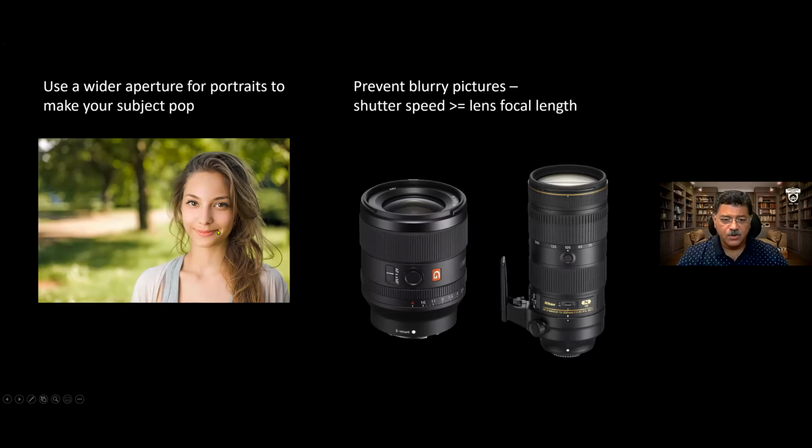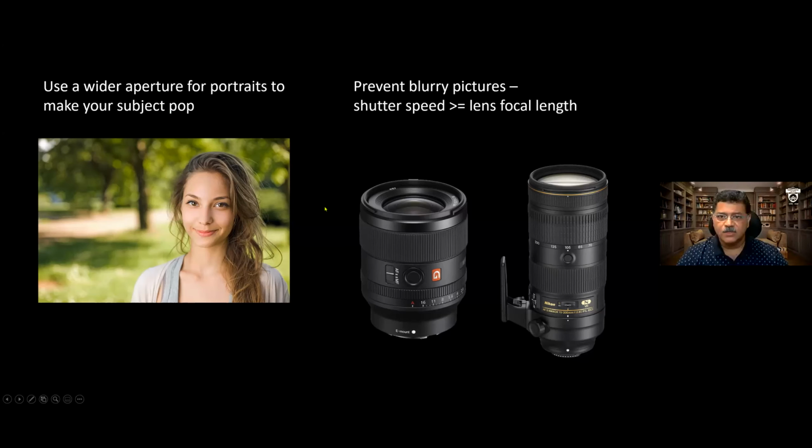So you have just the front of the face, maybe from the tip of the nose to the eyes, and maybe a little part of the ears, which are in focus, and the rest of it is not in focus. So wider aperture means an aperture number like 1.4, 1.8, 2.8. If your camera doesn't have 2.8, shoot at 5.6. But to get that effect with 5.6, make sure you have a large focal length. So shoot at 100, 200, above 70, and you will get a decent kind of blurring in the background.